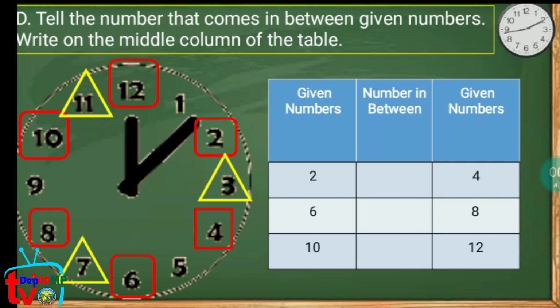Write your answer. In between 2 and 4, 6 and 8, 10 and 12, on the table on your module. You are given time to do your work. Start now.